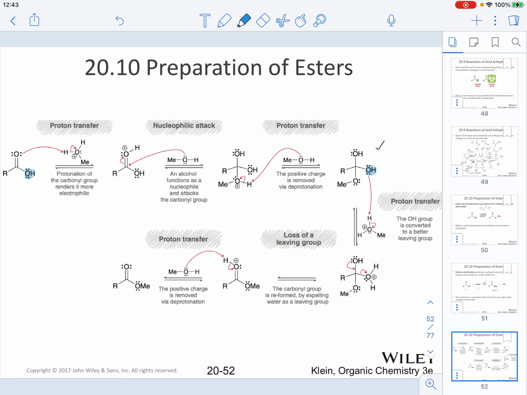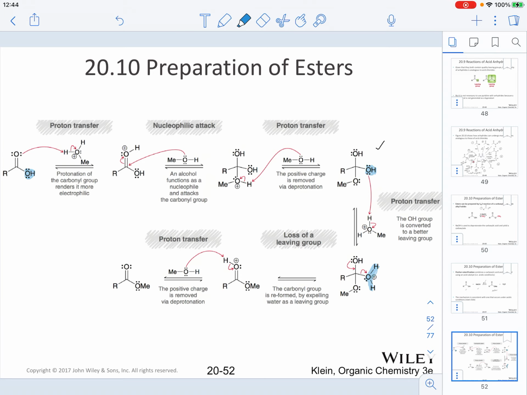So that second proton transfer is such that when that OH leaves, it's going to leave in the form of water. So as you can see, we're going to protonate that OH. That OH now can leave in the form of water, and under acidic conditions, that is the best way that we can propose that it's going to form.